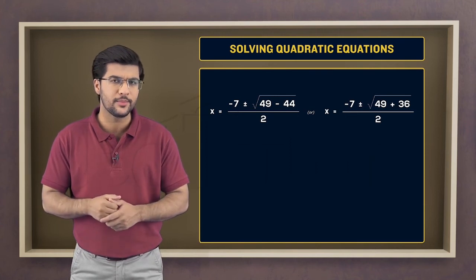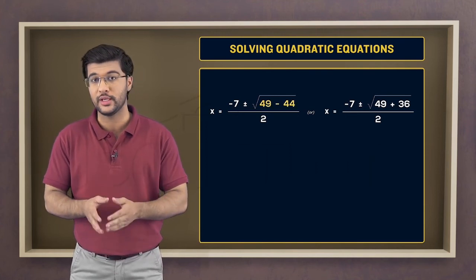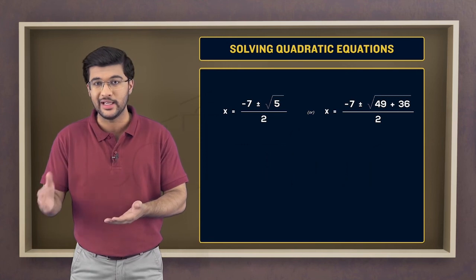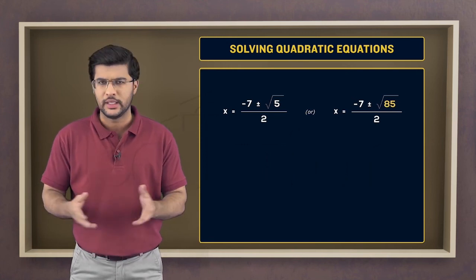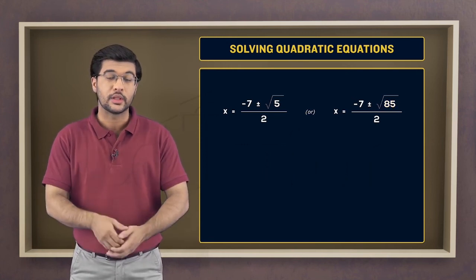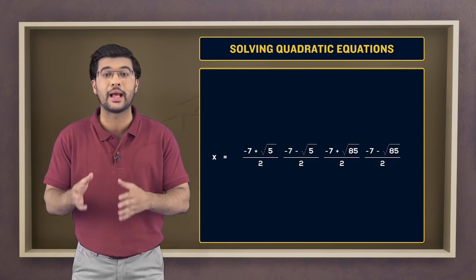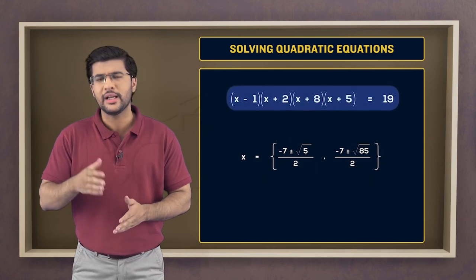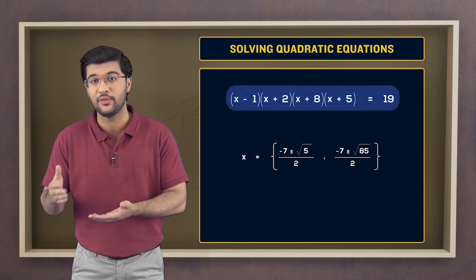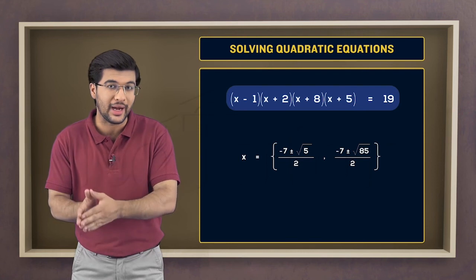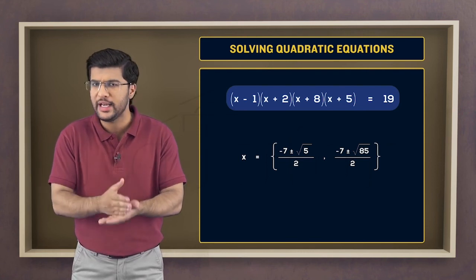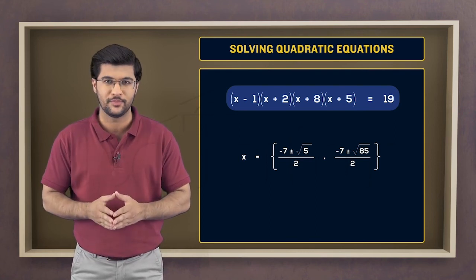Just solve the radical. 49 minus 44 is 5 and 49 plus 36 is 85. There, you have it. The 4 roots of the given equation, which can be written in brackets as the solution set. -7 plus minus root 5 whole upon 2 and -7 plus minus root 85 whole upon 2.